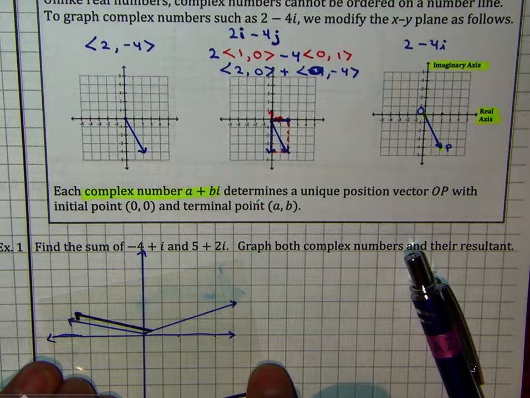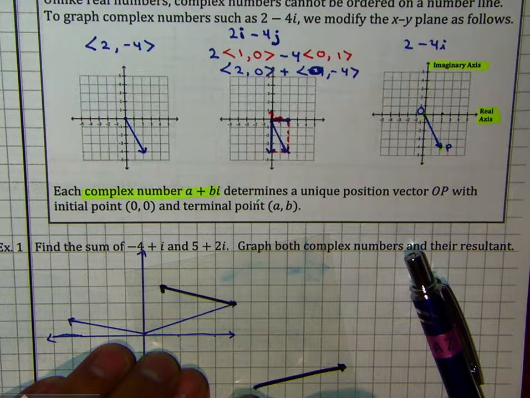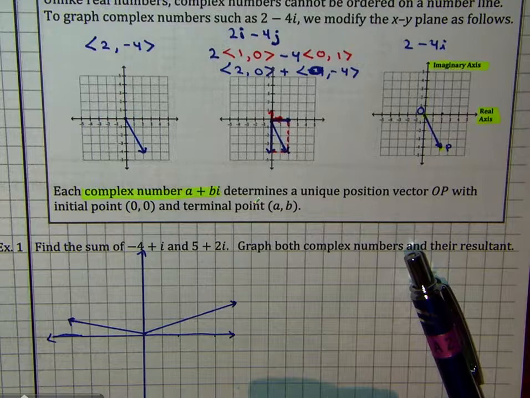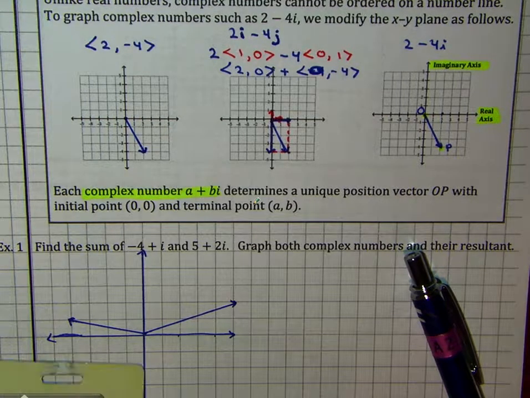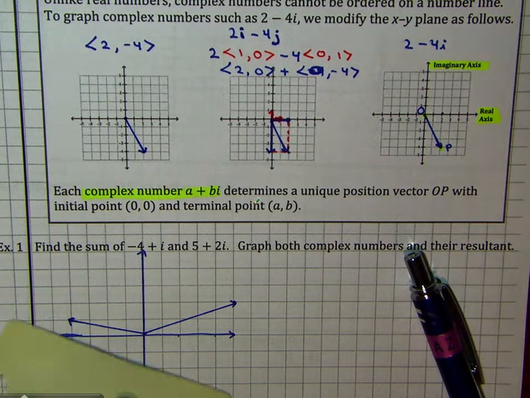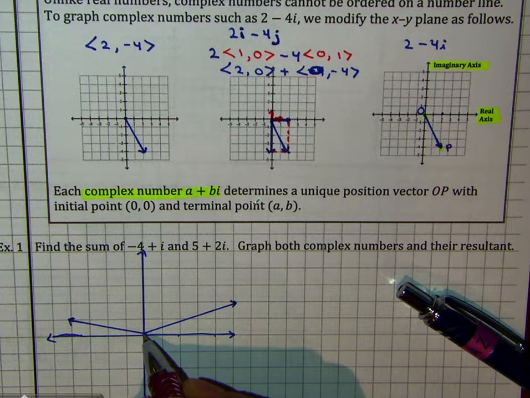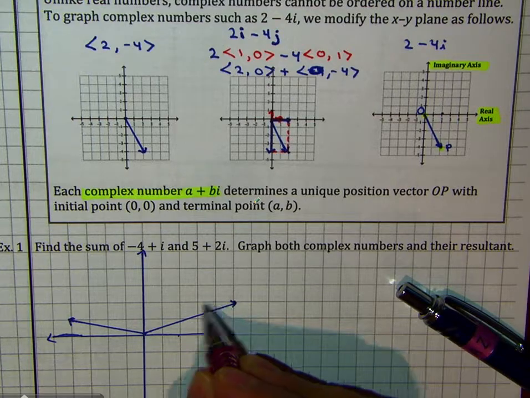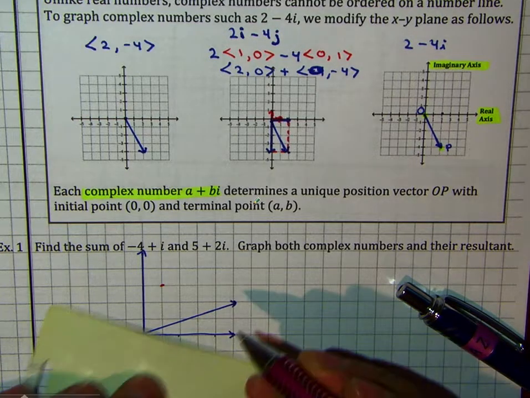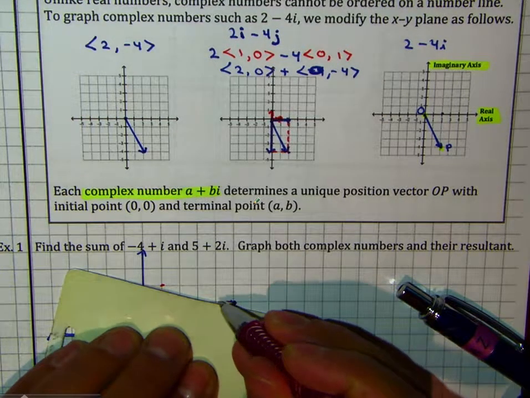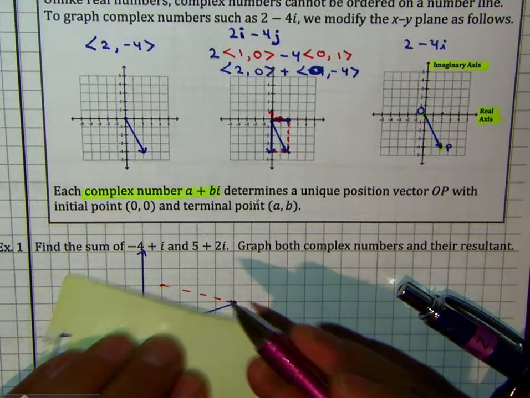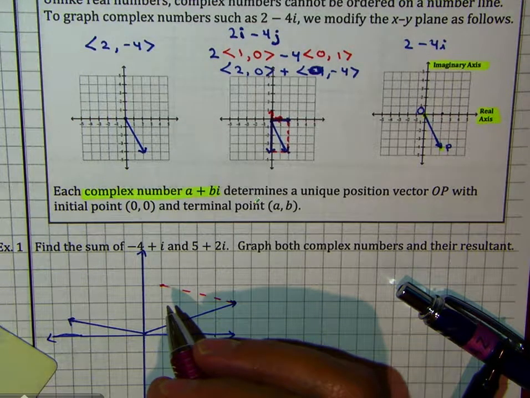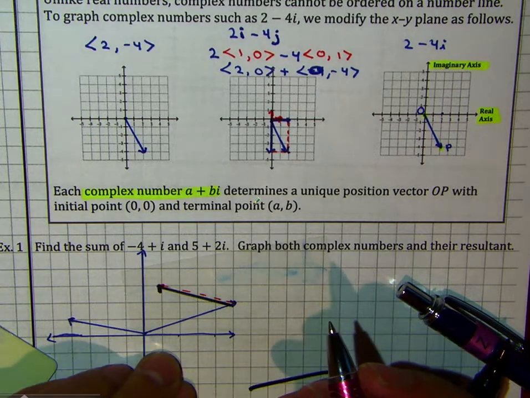So I can take this one and move it over here, and that's what I'll do. So therefore, I'm going to take that vector and place it in red. To get to the vector, I went to the left 1, 2, 3, 4, and up 1. So I'm going to go from this point 1, 2, 3, 4, and up 1. Therefore, I just move that vector over here.